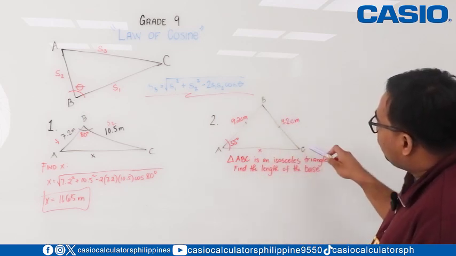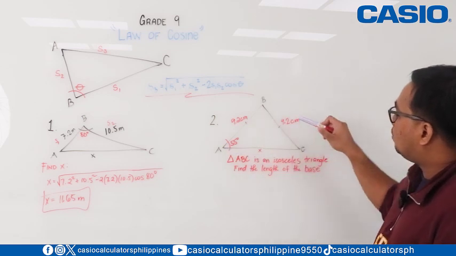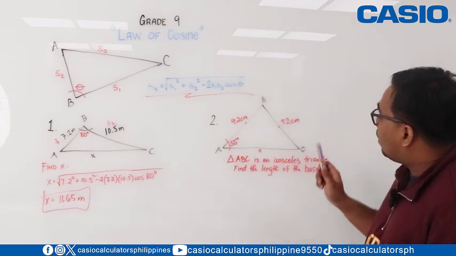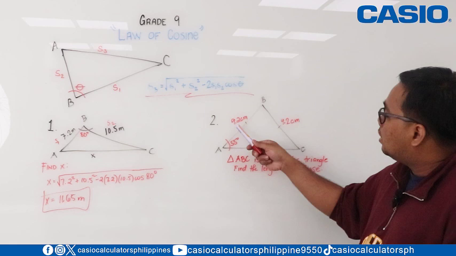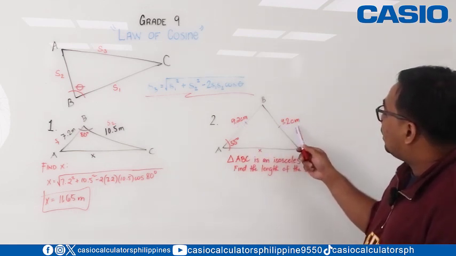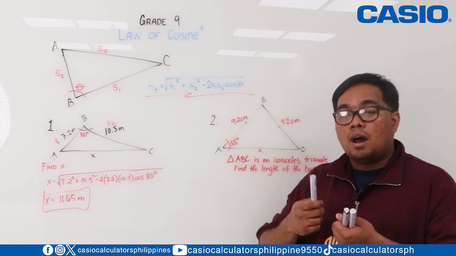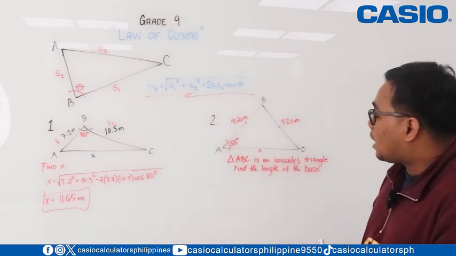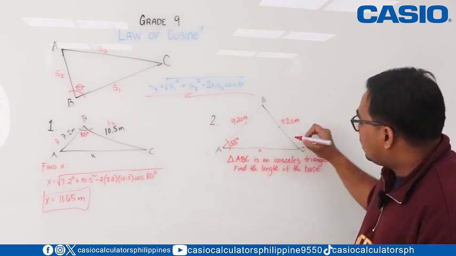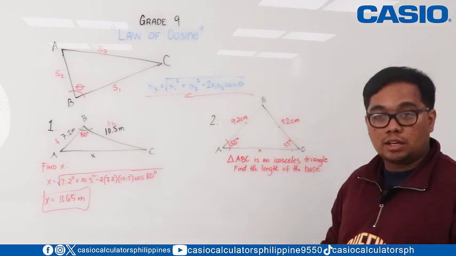We can see that side AB and side BC are the equal sides of our isosceles triangle, so the two sides are 9.2 centimeters and 9.2 centimeters. We know that the base angles of our isosceles triangle are also congruent, so angle A and angle C are both 55 degrees.